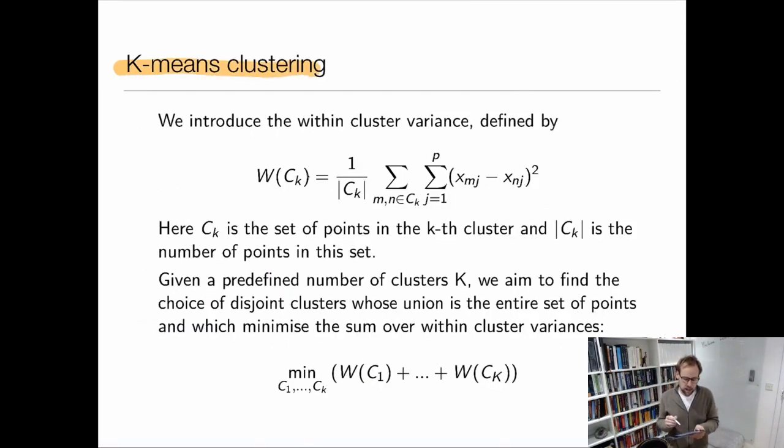The first one is k-means. In k-means, I look at something called the within cluster variance. This is a measure of how good the cluster actually is. This is the expression. It looks a bit messy, but just remember it's 1 over C_k, which is the number of points in this cluster, and then a double sum over m and n, which are 2 points in the cluster, of the difference x_mj minus x_nj squared, summed over j.